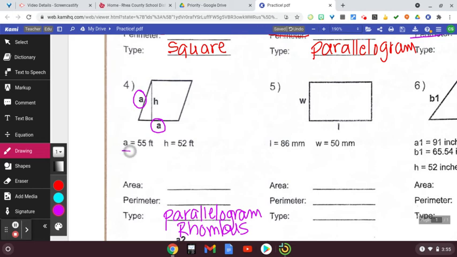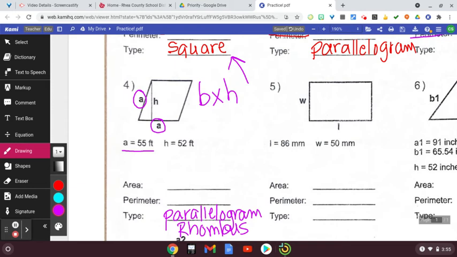That's indicating that these two sides must be exactly the same. So it's a square, except it is squished. So we have to still follow the formula for a parallelogram. Remember, base times height. If you try to use the square formula and you just say, oh, I'm just going to take 55 times 55, that's where we're going to get a little bit mixed up. Because remember, it's still a parallelogram.